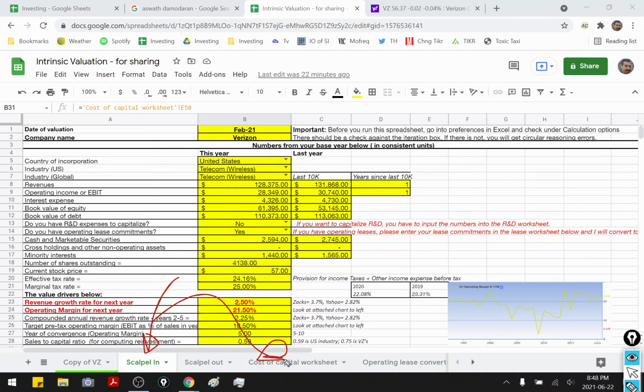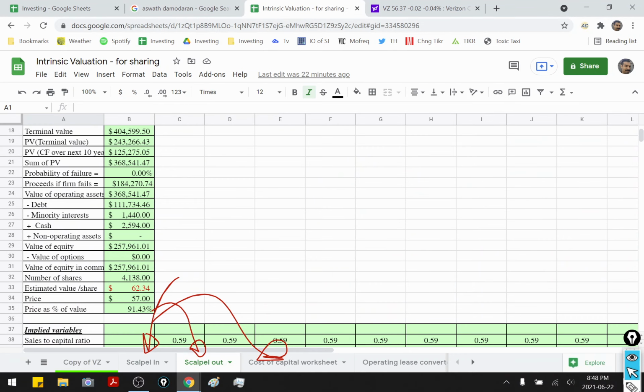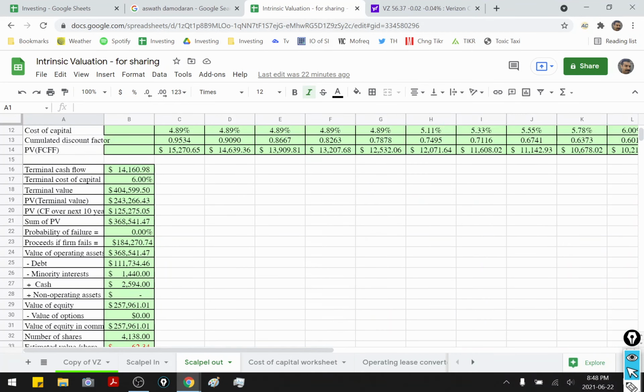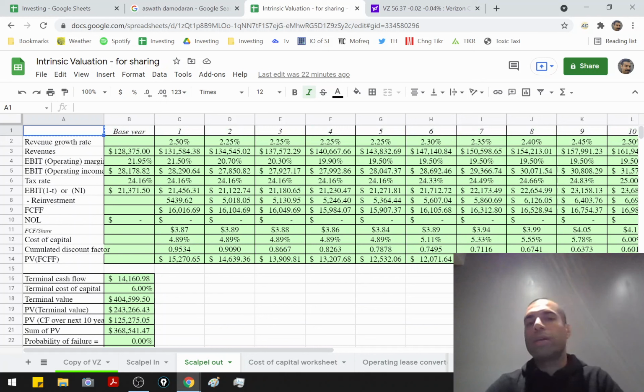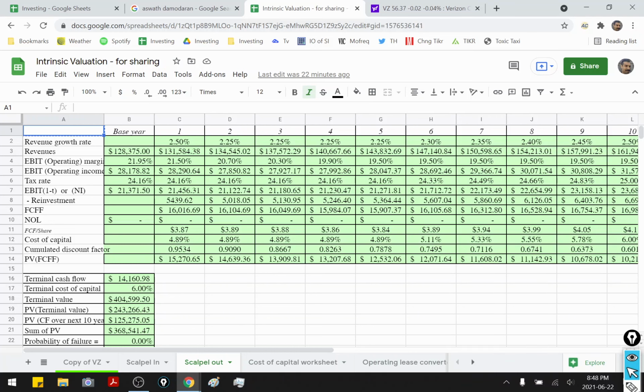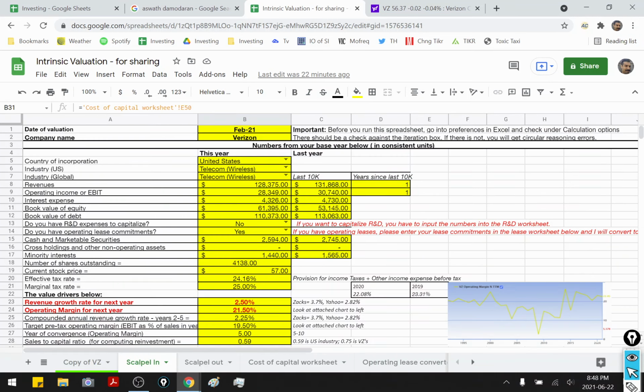It's linked to all these other sheets, and then you get an output here, the scalpel out. To give you an idea, the first sheet is quite simple. You can use it for your simple companies in a relatively normal state. For your growth companies where you have a lot more assumptions, you can use what I call my scalpel sheet.